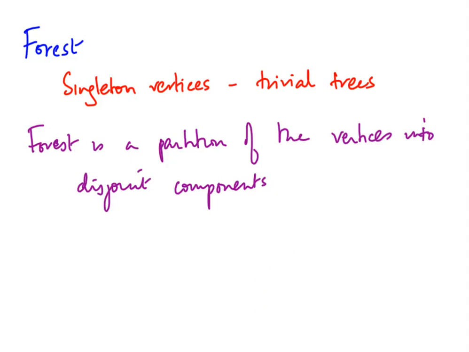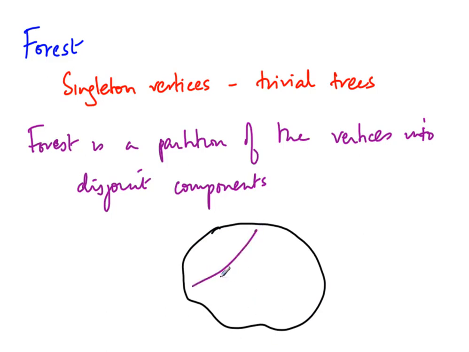So at any given point, if we look at our graph, okay, as a collection of vertices, then we'll have a forest connecting some parts of this graph, and each tree in the forest is disconnected from the remaining things. So each connected part is a connected component.